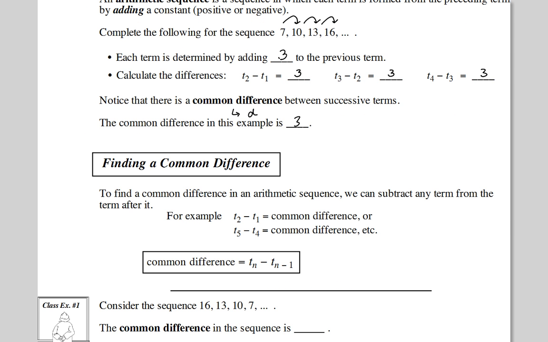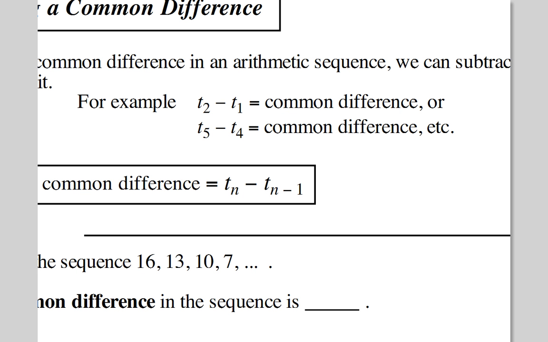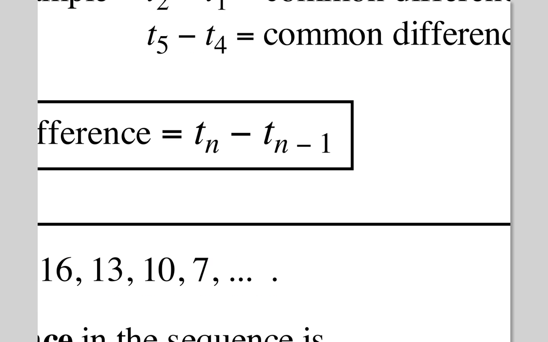So finding the common difference. The common difference is always found by subtracting the previous term from the term, which is obvious. You just take a look above. So for example, T5, take away T4. So Tn, what's going to be the term before Tn?